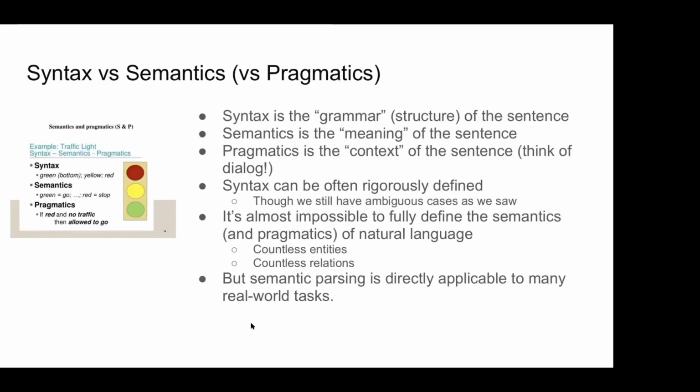And one more, which is pragmatics, that you might also be hearing a lot when you compare syntax and semantics. So syntax is basically the grammar or structure of the sentence, whereas semantics is the meaning of the sentence. And pragmatics is the context of the sentence. So the syntax can often be rigorously defined. Although we still have some ambiguous cases, we saw that, right?